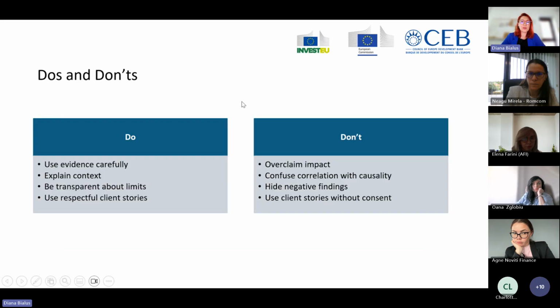And finally, a few do's and don'ts. It's important to use evidence carefully and explain the entire context.